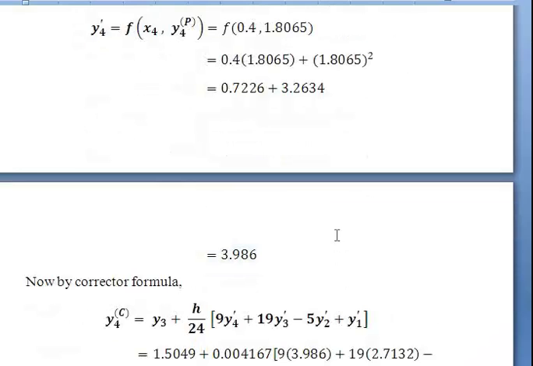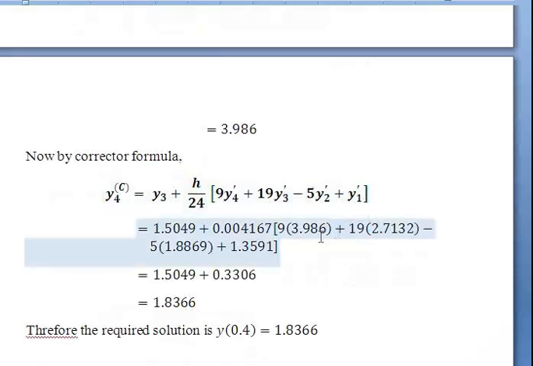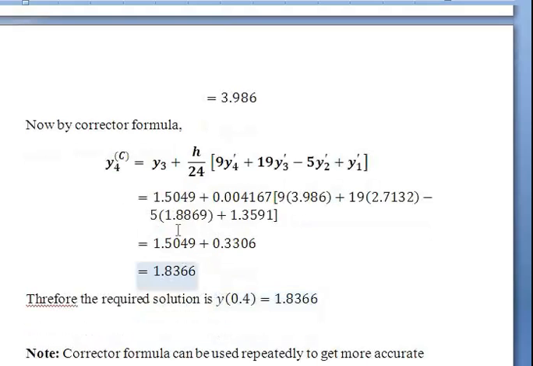Now using the corrector formula and substituting all the values y3, y4', y3', y2' and y1' properly from the table, y4c is 1.8366. Therefore our required solution by Adams-Bashforth is 1.8366.